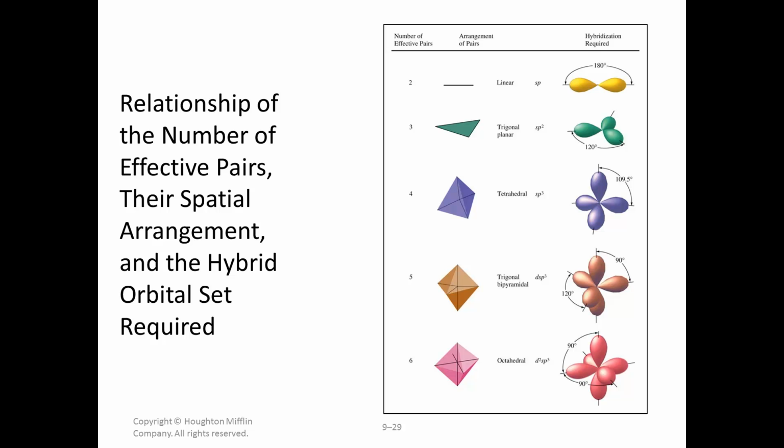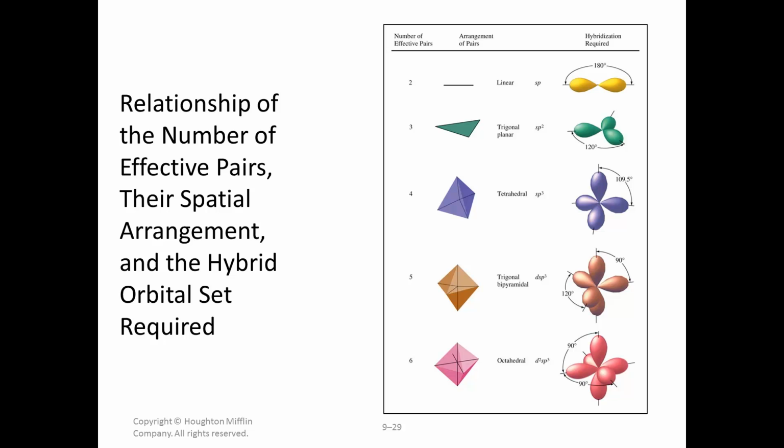When there are 3 effective pairs around a central atom, we have a trigonal planar arrangement, sp2 hybridization with a 120-degree bond angle. With 4 groups around a central atom, we have a tetrahedral geometry with sp3 hybridized orbitals at 109.5 degrees from one another.